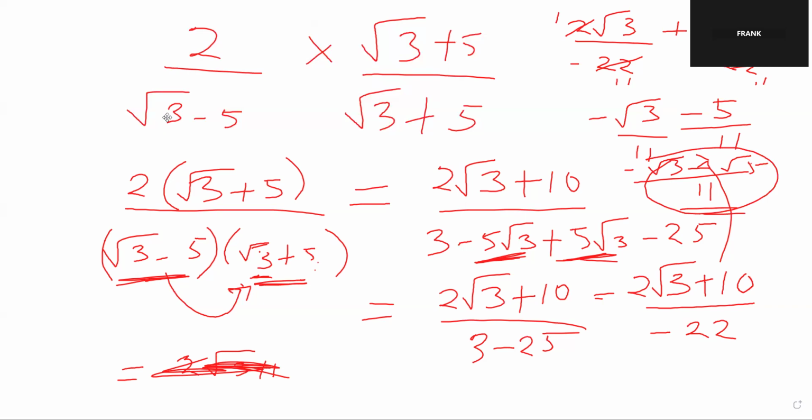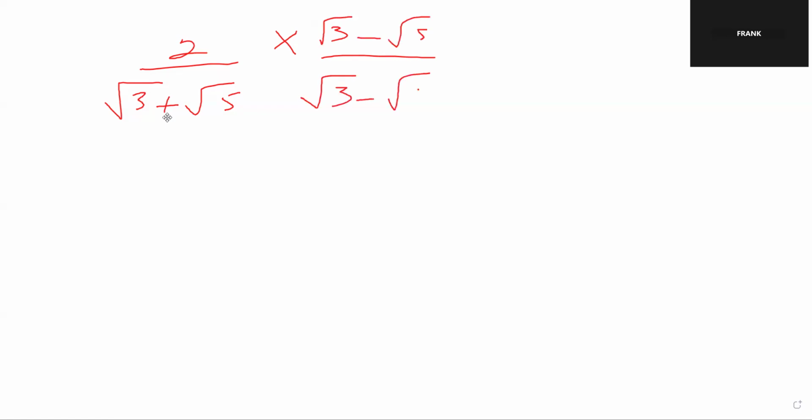That is how to rationalize a surd. So if you were to have 2 out of root 3 plus root 5, we multiply by the same root 3, but the sign becomes the other one, minus root 5. So root 3 minus root 5. The top, 1 term times 2 terms, 1 term times each of the 2 terms. So that's 2 times root 3, 2 root 3, 2 times root 5, 2 root 5, all out of.